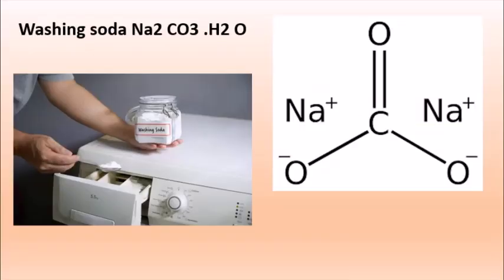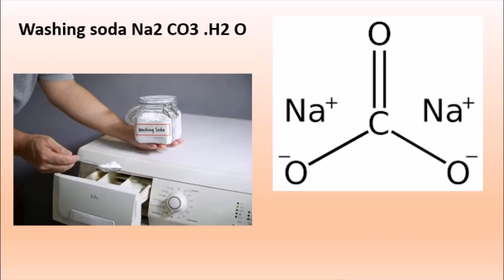Our next substance is washing soda. The chemical name of washing soda is sodium carbonate, and it is usually crystalline in nature. The chemical formula of sodium carbonate or washing soda is Na2CO3.10H2O. It also has H2O molecules with it.